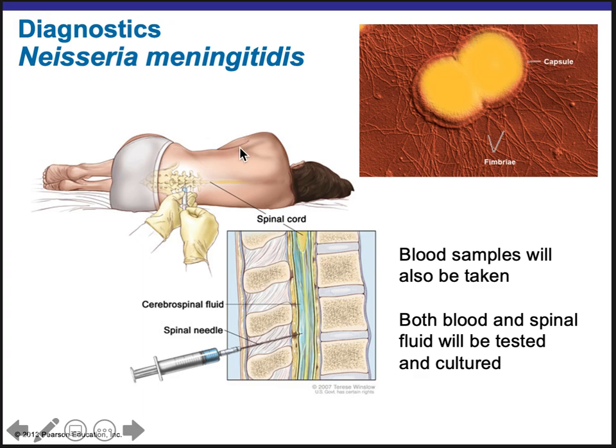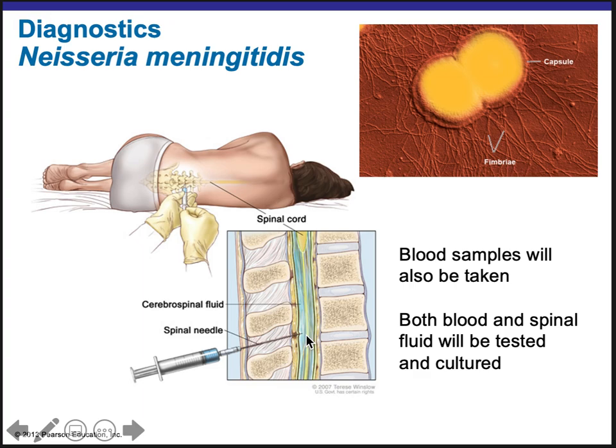So how do we test it and confirm it? Well, we would take a blood sample, see if there's anything going on there. And then we would also have to take what a lot of people call a spinal tap. This is a specialized procedure, so only a trained physician can do this. You insert a long needle called a spinal needle between the vertebrae and get all the way into the spinal column and take fluid.